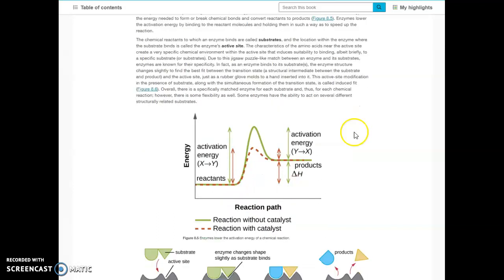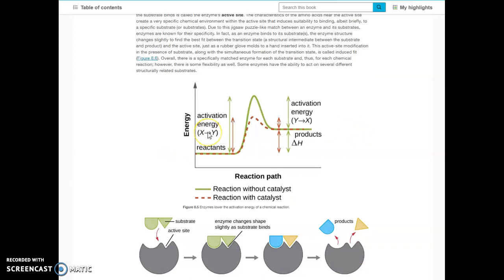What enzymes do is they lower the activation energy. Activation energy is the energy that's needed to begin a chemical reaction, and enzymes lower that amount of energy. In this figure, you can see we've got our reaction path on our x-axis, and energy going up on our y-axis. Without a catalyst, our activation energy is way up here.